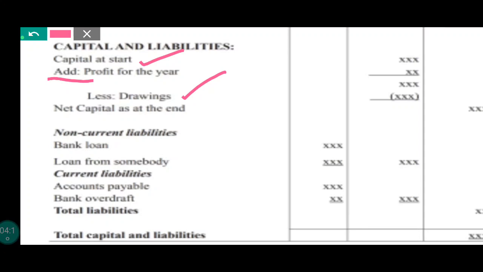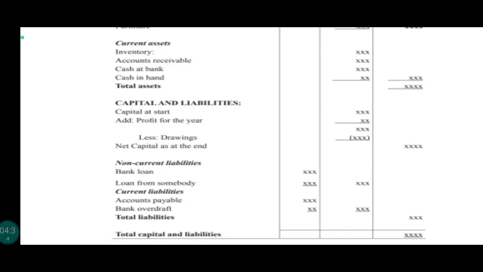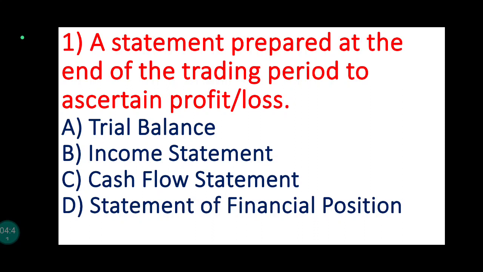Then non-current liabilities like bank loan, loan from somebody. Then current liabilities like accounts payable, that is sundry creditors, bank overdraft and so on. When we add both, we get total capital and liabilities. The total assets should match with the total capital and liabilities. So this is the format for both.